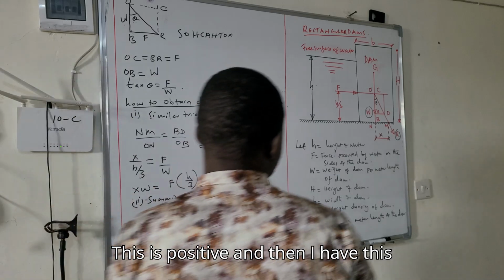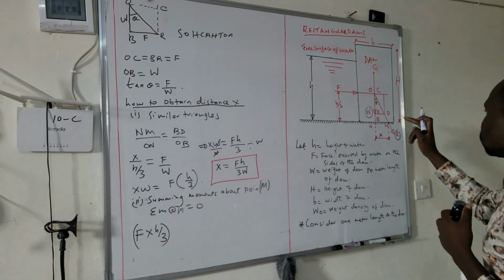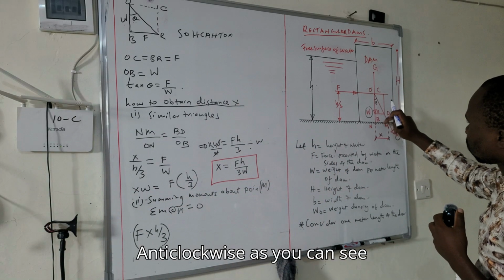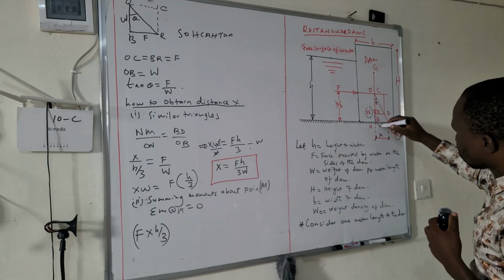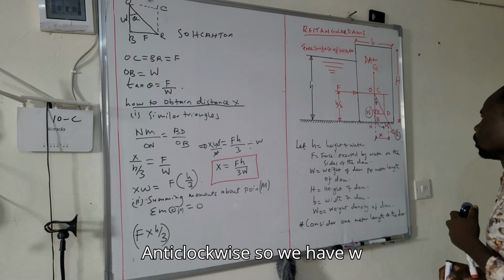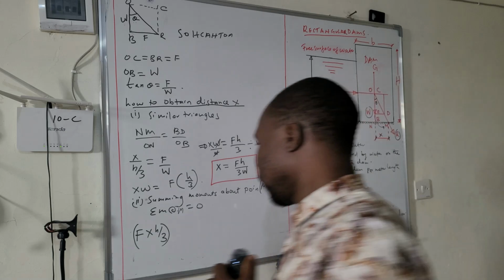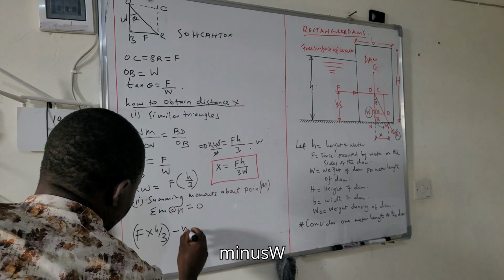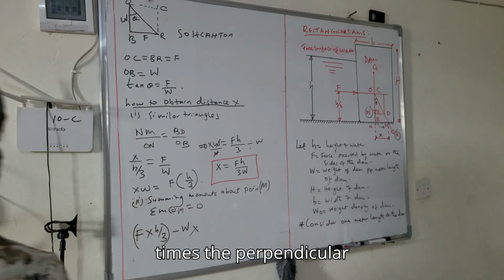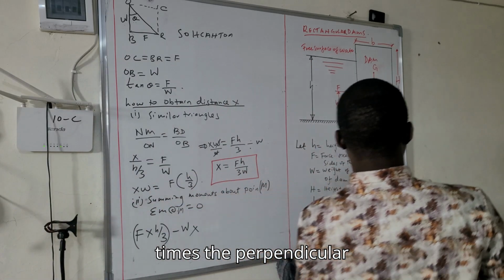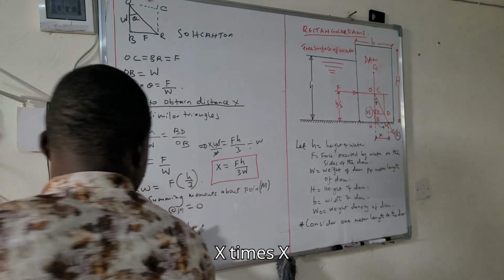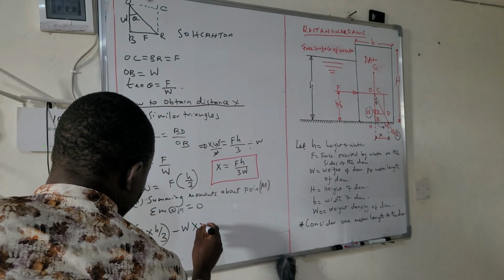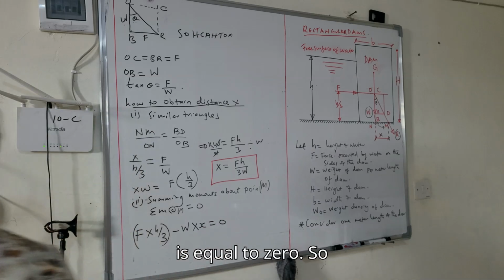This is positive, and then I have this W anti-clockwise, as you can see. So we have minus W times the perpendicular distance from here to here, that is X, times X is equal to 0.